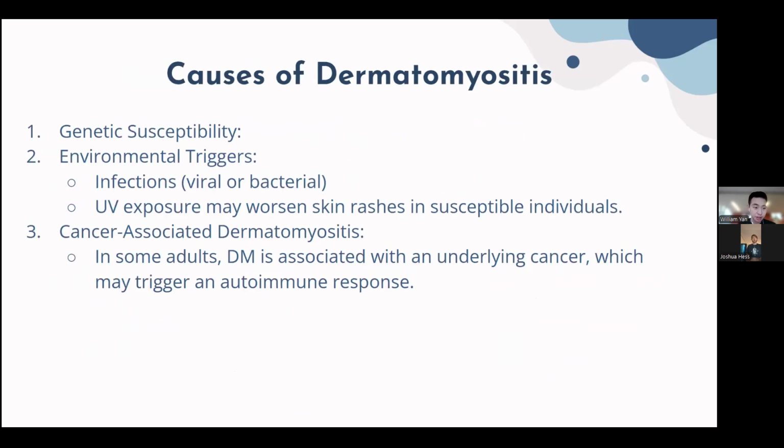There are genetic causes and environmental causes. Some environmental causes include infections and UV exposure. So we put on sunscreen not only to stop skin cancer, but also to stop these autoimmune effects on the skin.